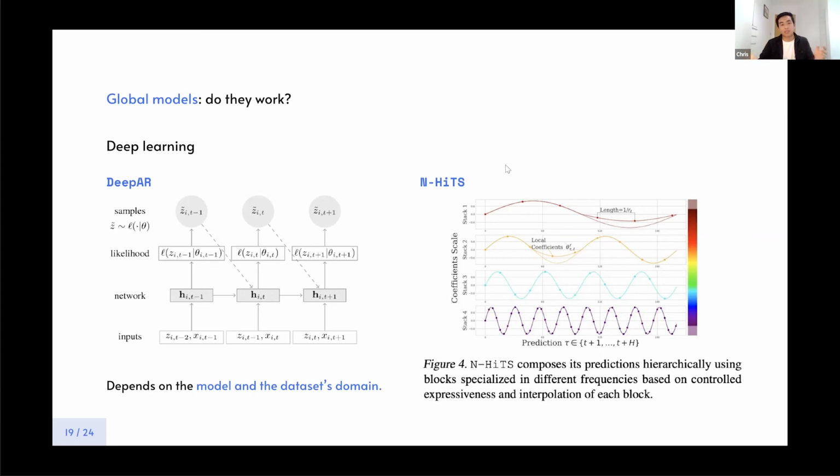DeepAR, from what I've seen, my intuition is it looks like a vectorized autoregression, but put together in a neural network. DeepAR was developed by AWS, Amazon Web Services, for their forecasting program, and it seems to perform really well on business data sets, so things like sales and inventory management.